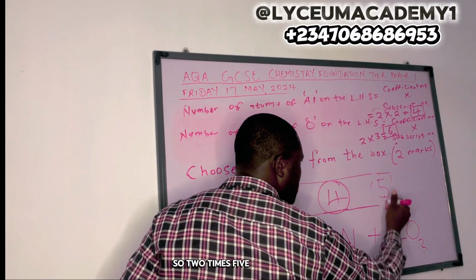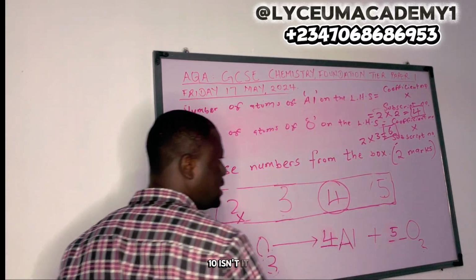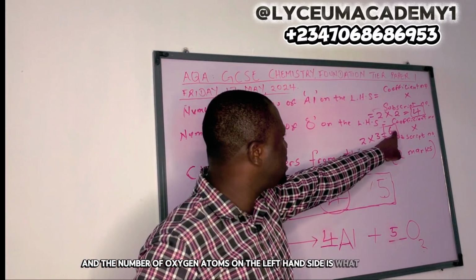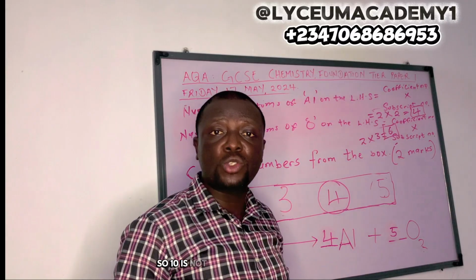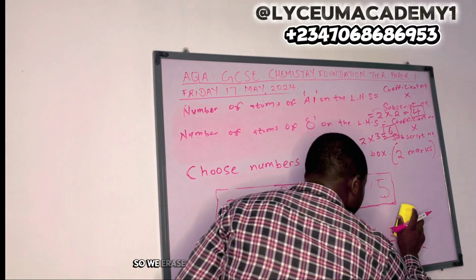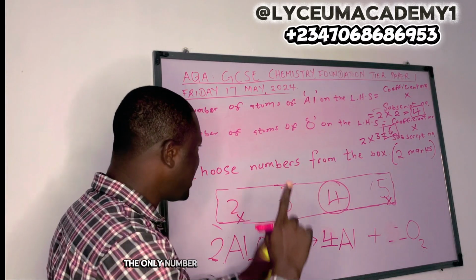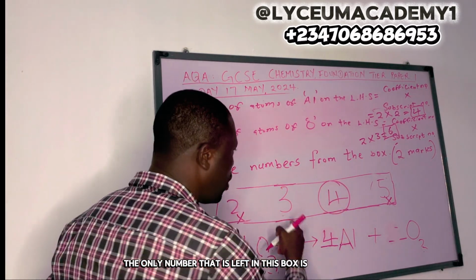So 2 times 5 gives what? 10. Isn't it? And the number of oxygen atoms on the left-hand side is what? Is 6. So 10 is not correct. So we erase this 5. So 5 is equally wrong. The only number that is left in this box is what? 3.